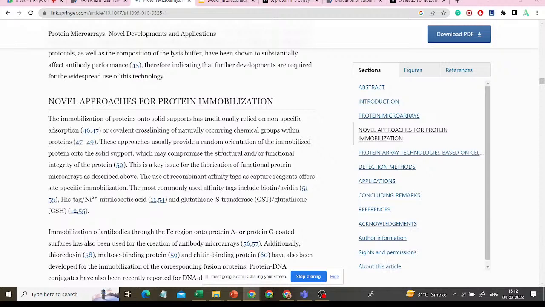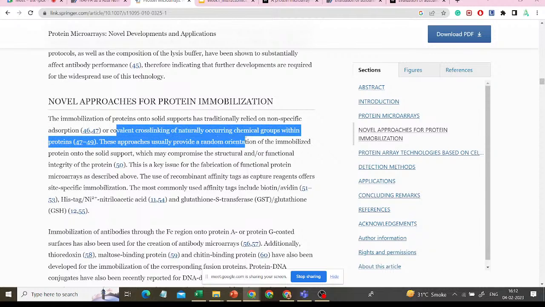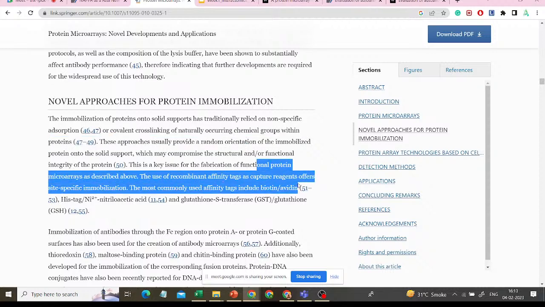One is non-specific adsorption onto the solid support, or covalent cross-linking of naturally occurring chemical groups within proteins. The first one is physical adsorption, or using naturally occurring chemical groups for cross-linking. This is the key issue for the fabrication.